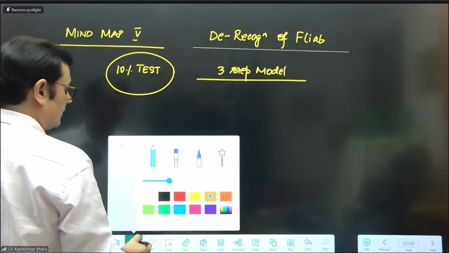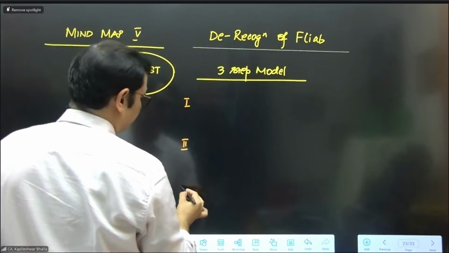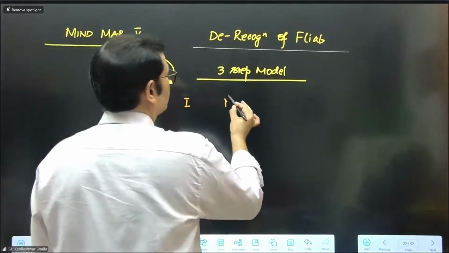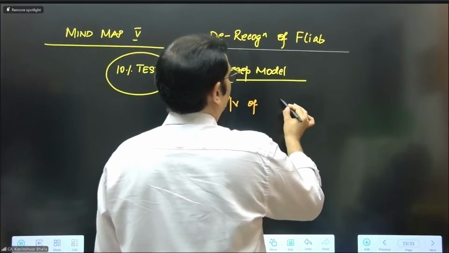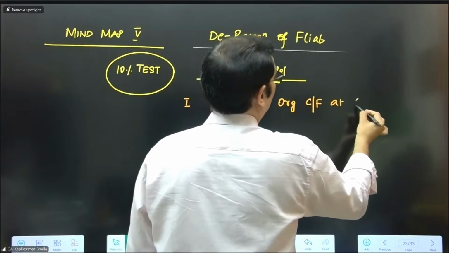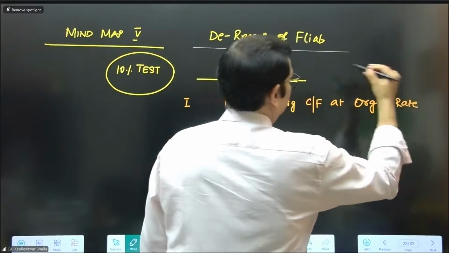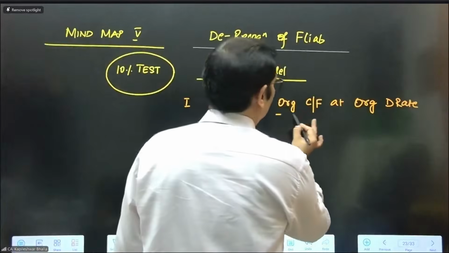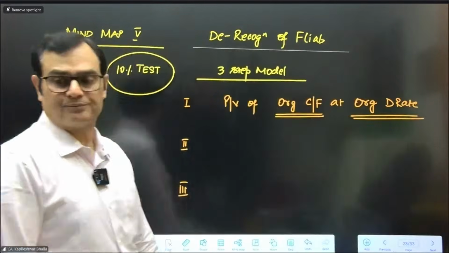In terms of the 3-step model, number 1, number 2, and number 3. First of all, you need to consider the present value of the original cash flows at the original discount rate.